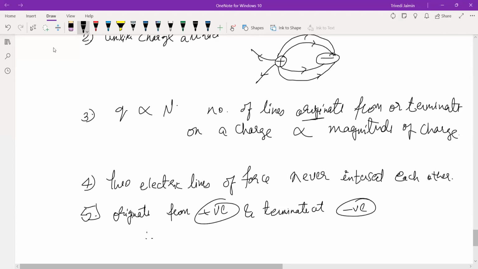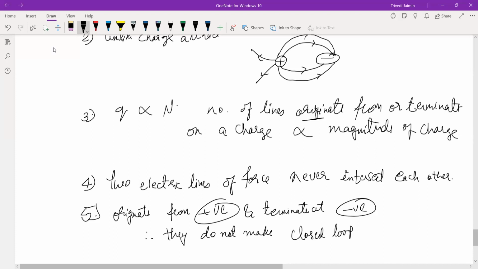Therefore, they do not make closed loops. See, electric field lines do not make closed loops, but magnetic field lines make closed loops. That we will study in magnetism.